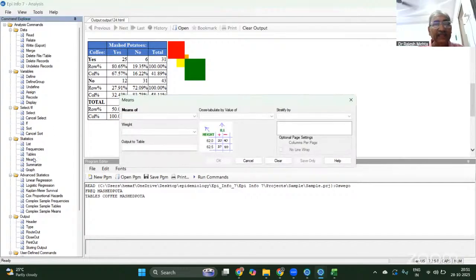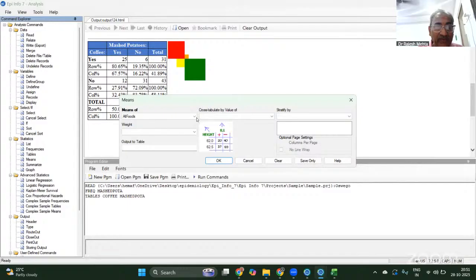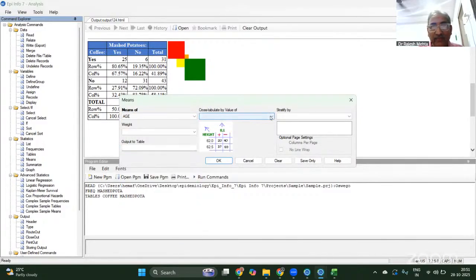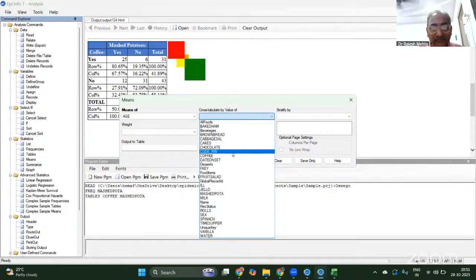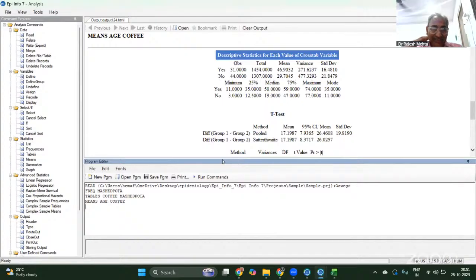And is there a significant difference between coffee and age? Mean of age versus coffee. There was a difference; whether significant, we'll see. Yes, the mean age of those taking coffee was 46, and of those not taking it was 29.